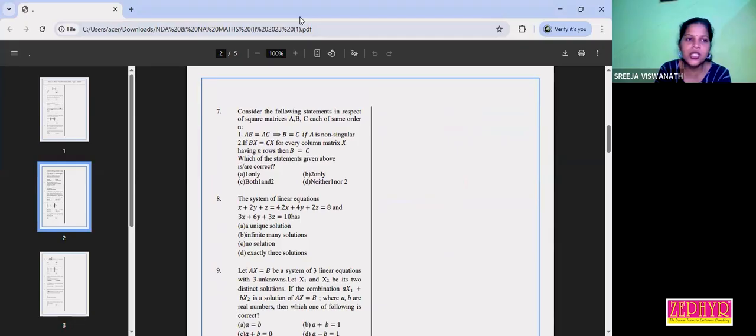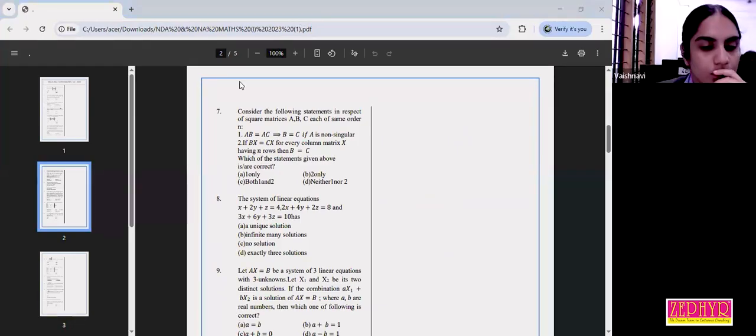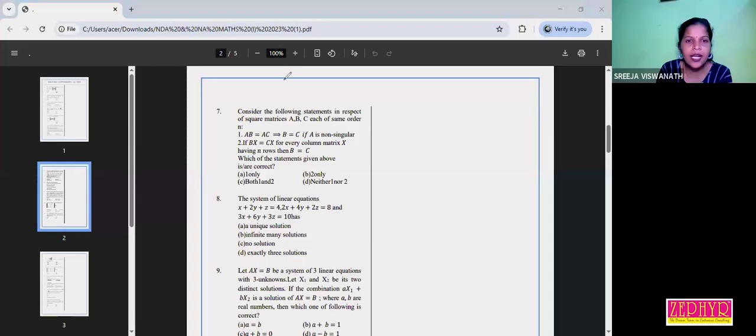What do you mean by non-singular matrix? Determinant A not equal to 0, then that is called a non-singular matrix. AB equal to AC is given. Since A is non-singular, A inverse exists, right?